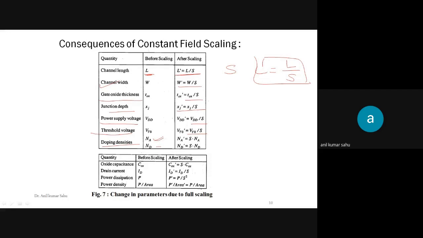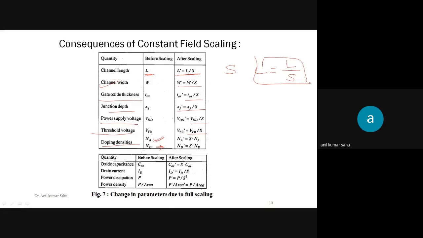Na is the acceptor doping concentration, Nd is the donor doping concentration. For the new Na and Nd, we have to increase the doping concentration while reducing the size of the device.